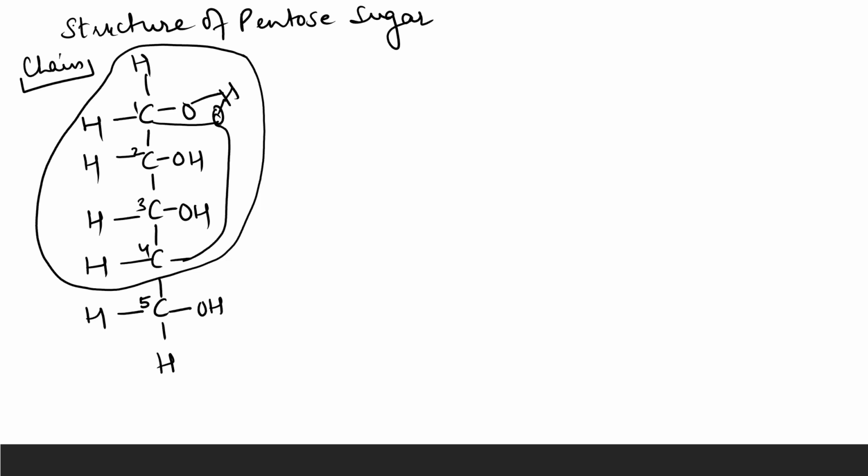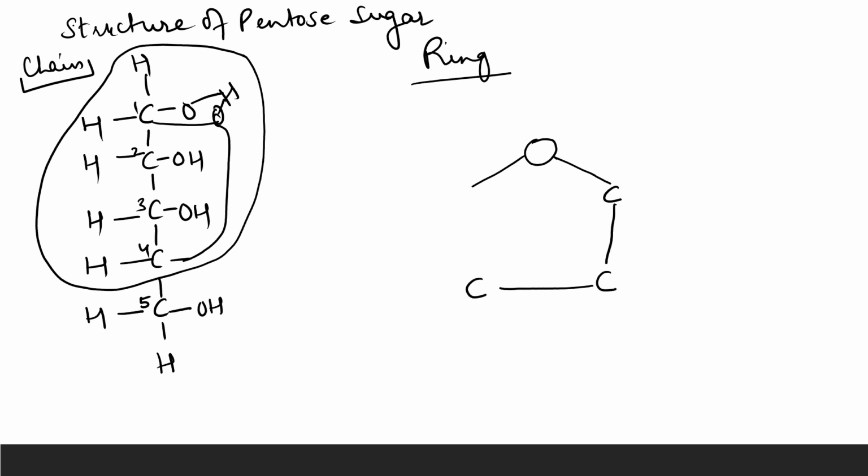So now let me draw it to make you understand how it will become a ring structure, right? Now this is the oxygen. Now this is C1, C2, C3 and C4.